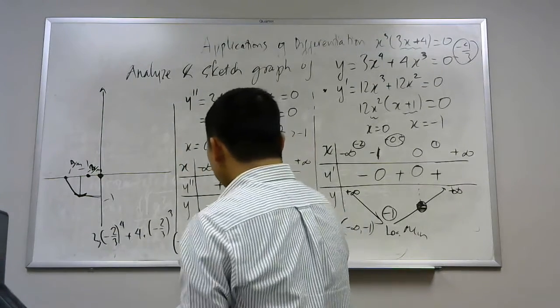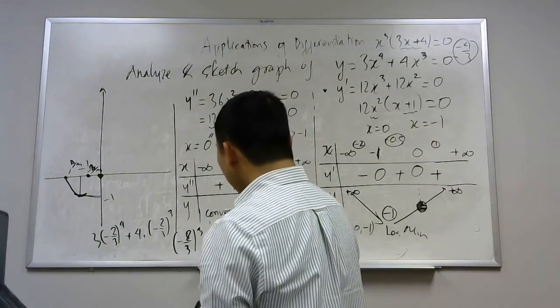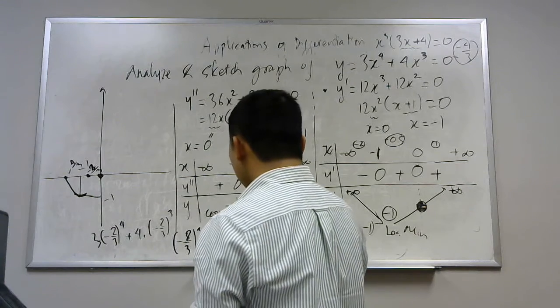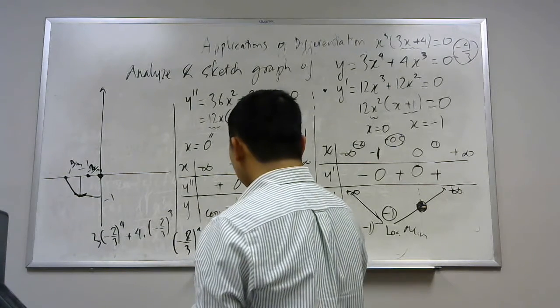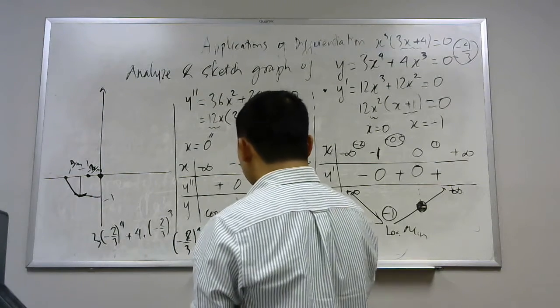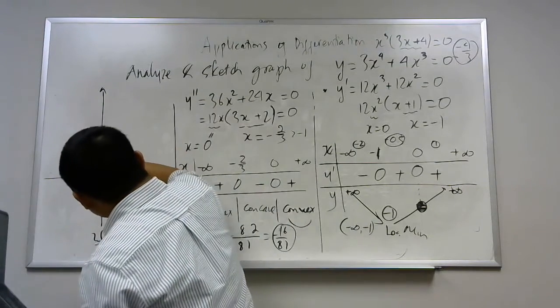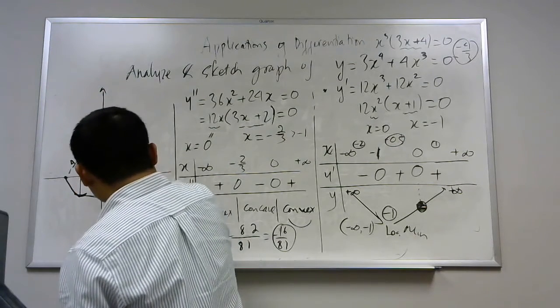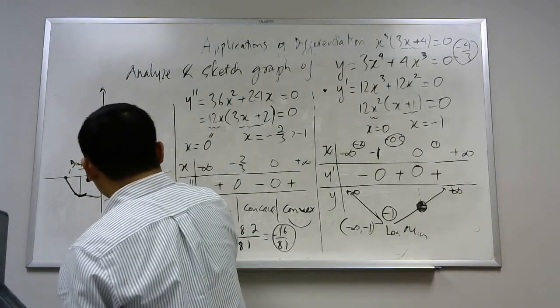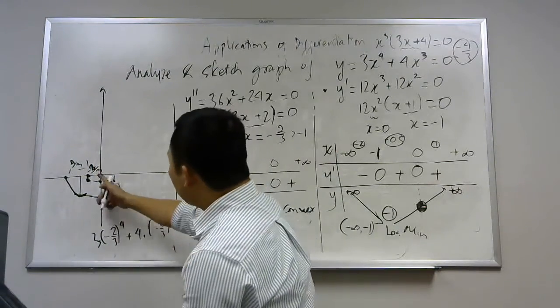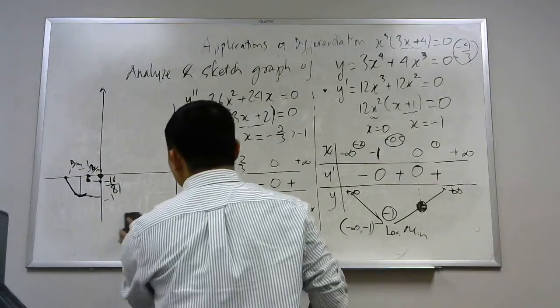Then 2 times negative 8 over 81, so negative 16 over 81. That should be around here, so that is the inflection point: negative 2/3, negative 16/81.